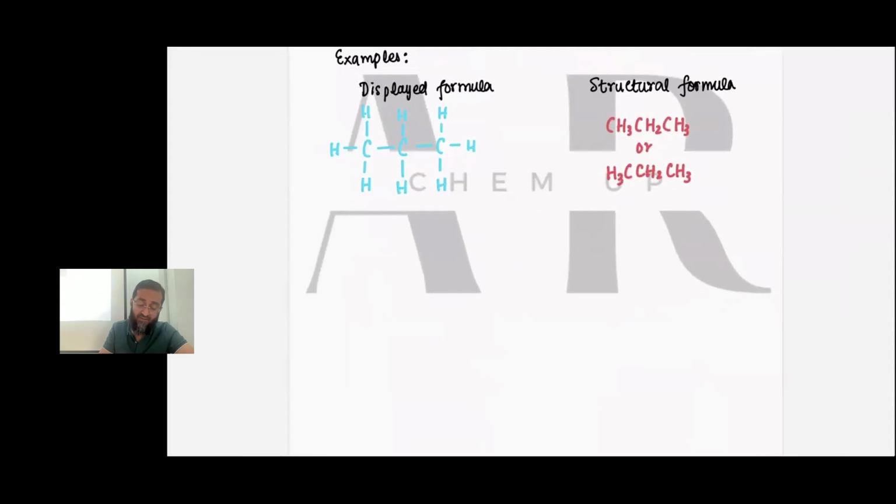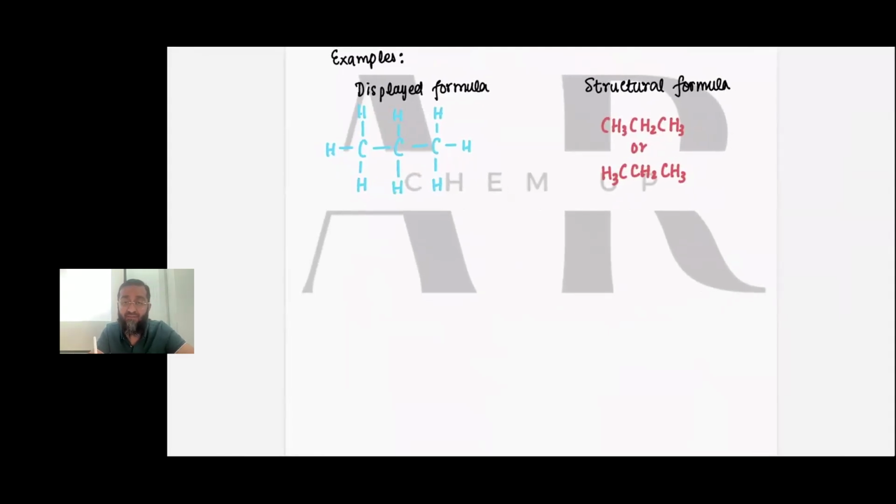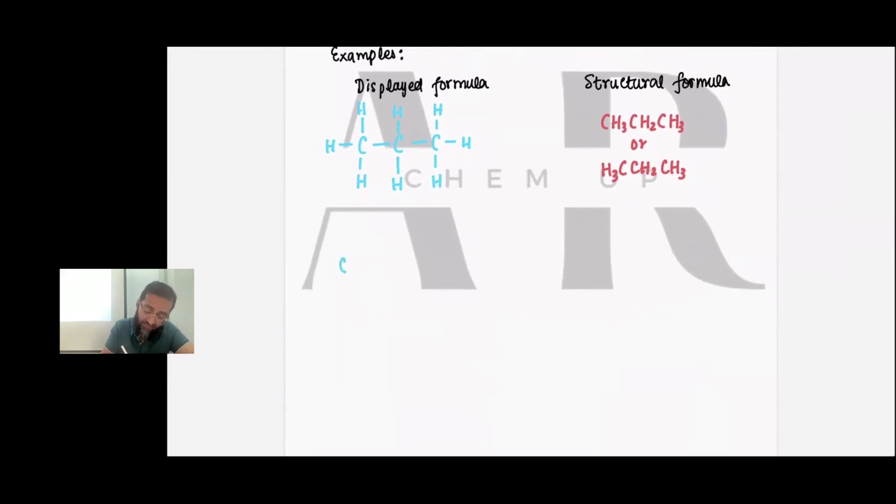Okay. So, for example, I have another displayed formula. There is a CH3. Then we have a C. And we got one more CH3.